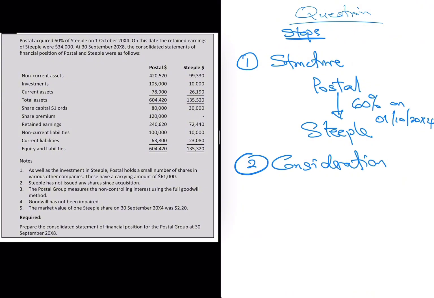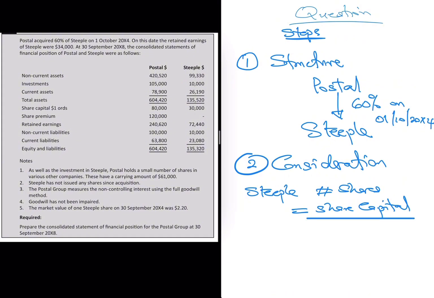And if the share capital is 30,000 for Staple, it means that the number of shares will equal share capital, remember, you must have been taught this in your FA, divided by the nominal price of one share.